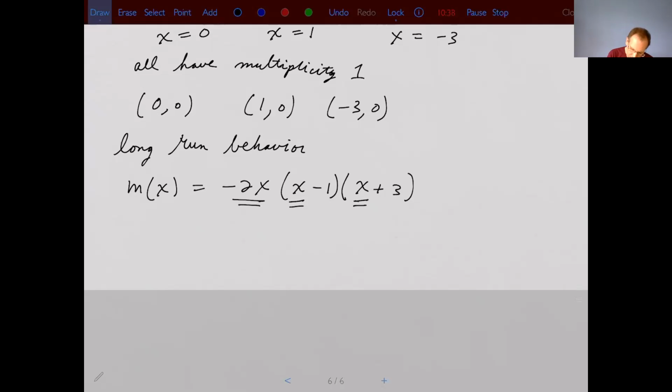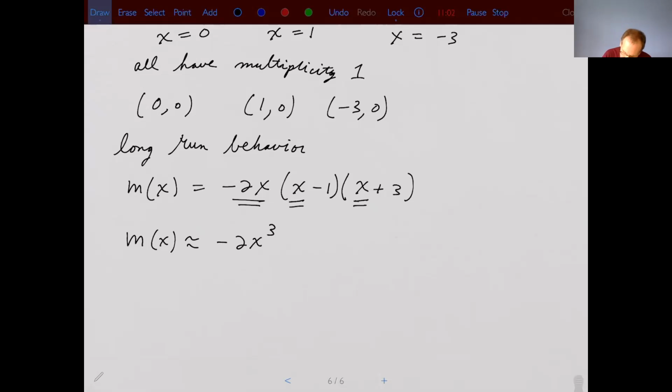So if I multiply those together, then I can say m of x looks like, well, negative 2x times x is negative 2x cubed, right? So when we're talking about long run behavior, we only have to look at that leading term, the negative 2x cubed. Well, what does that look like?